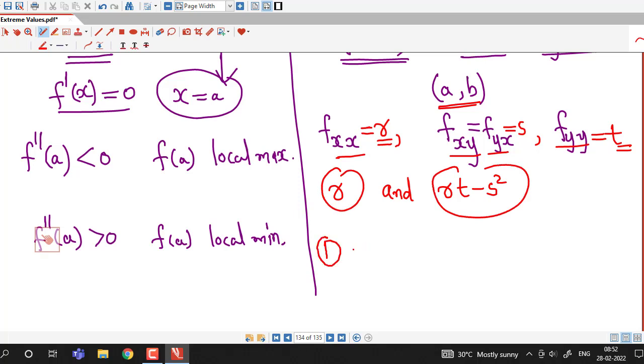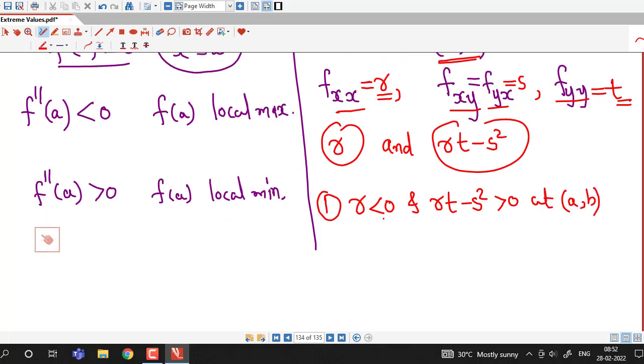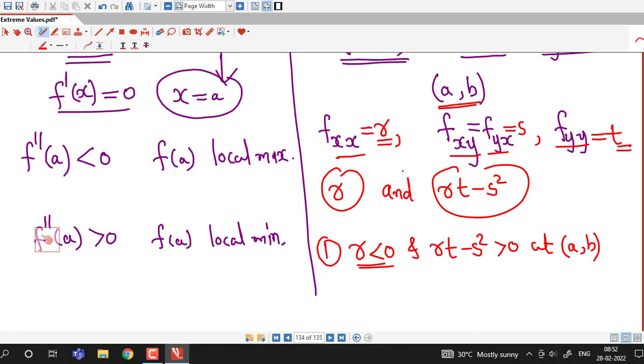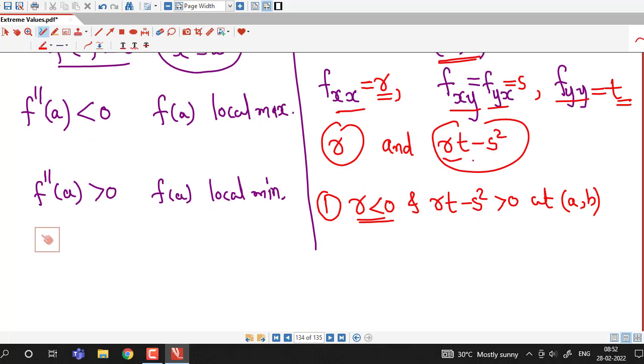First possibility is r is negative and rt minus s square is positive at point (a,b). We will remember, if r is negative, that is the second order partial derivative with respect to x, and this quantity rt minus s square is positive at point (a,b), then in that case f(a,b) is a local maximum.